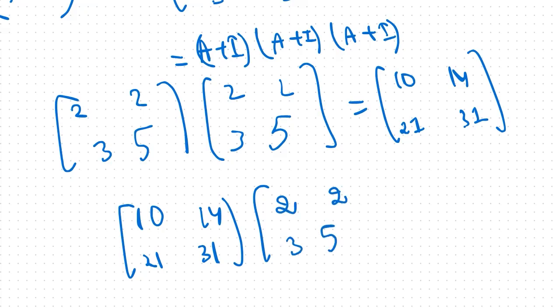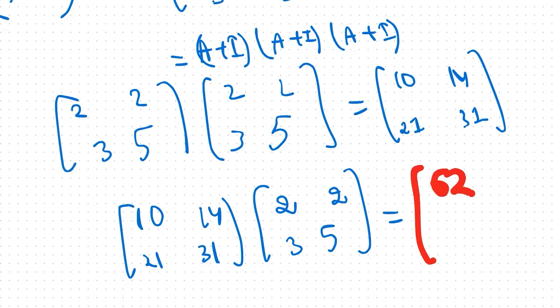So it will be 20 plus 10 into 2, 14 into 3, 42 plus 10, 52 or 60, 62. Okay.